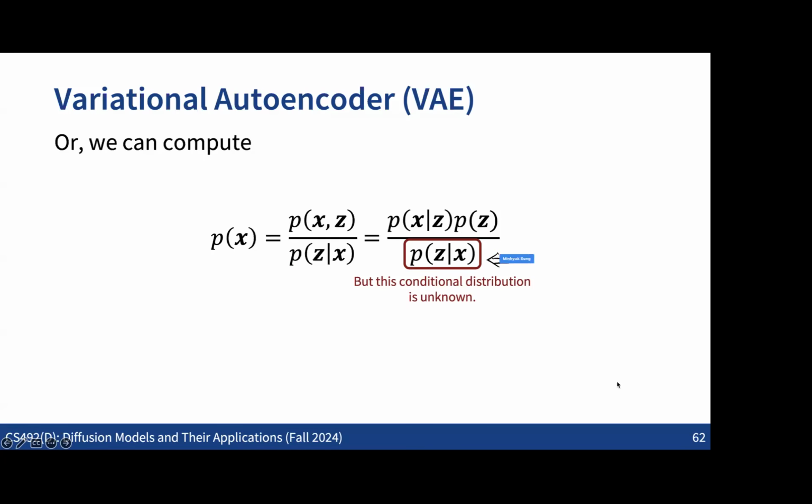So this is the problem. If this posterior distribution was known, then we could directly compute this marginal distribution. The problem is that now we don't know this. So without knowing this, how can we get a good approximation of this p(x)? This is the whole idea of the VAE.